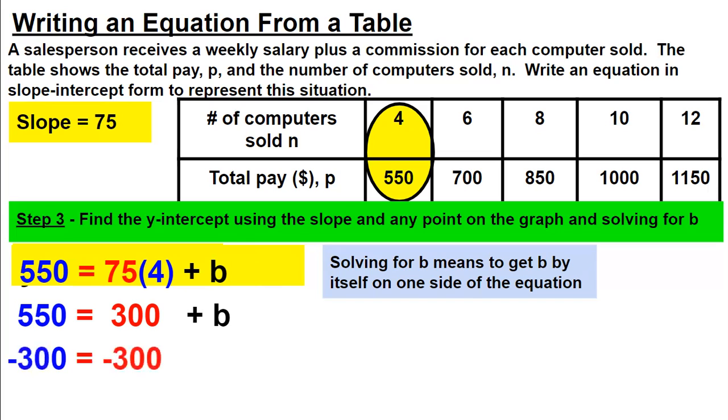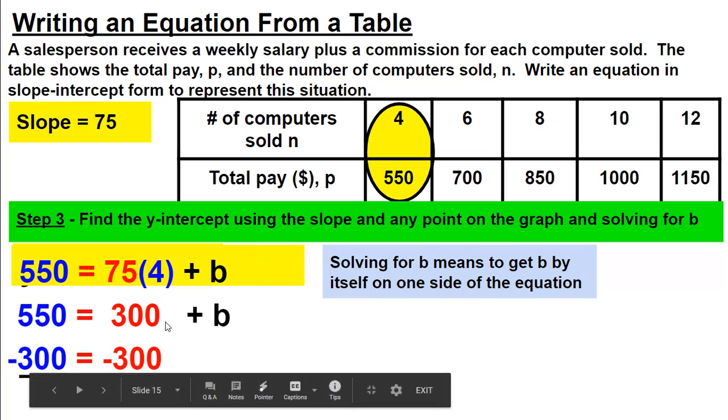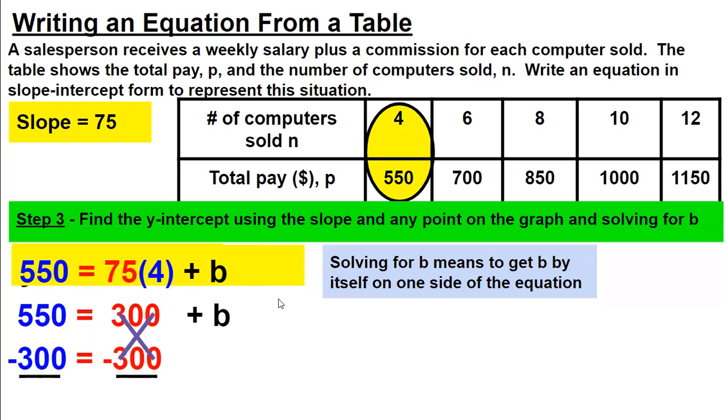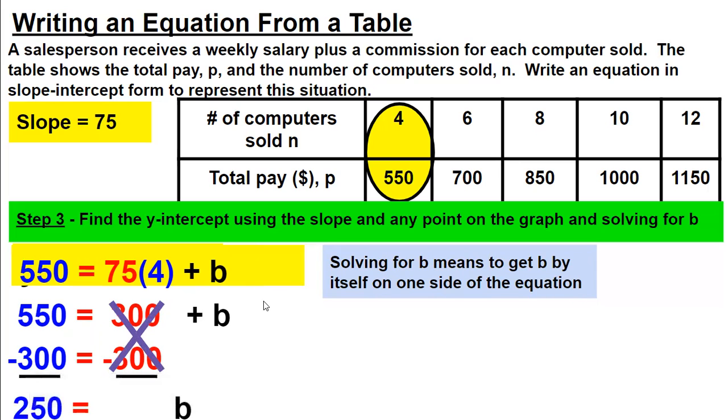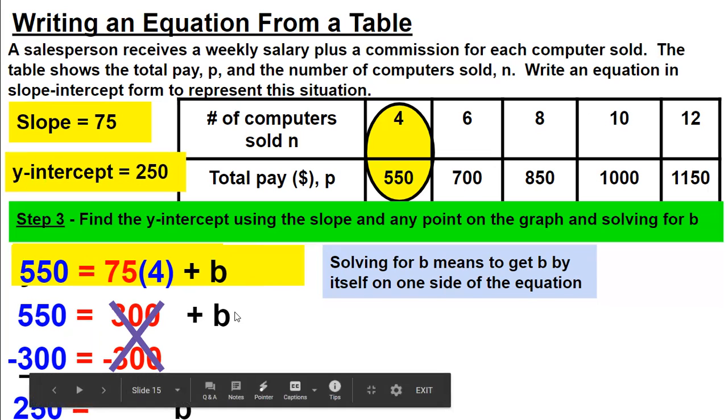So we're going to subtract 300 from both sides so that this gets rid of the 300 on this side but subtracts it from the other side. So we're going to end up with 250 equals b. So now we can plug into our formula. The y-intercept is 250.